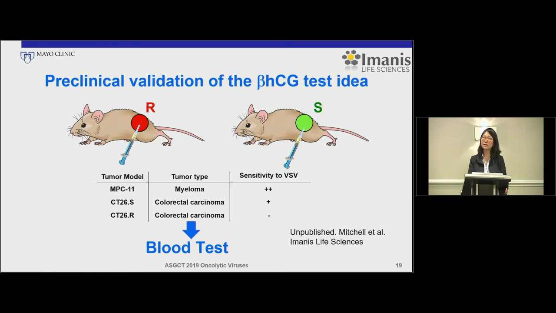So what we next need to do is can it be useful as a predictive, a theranostic for us to test whether we can discriminate between susceptible or resistant tumors.